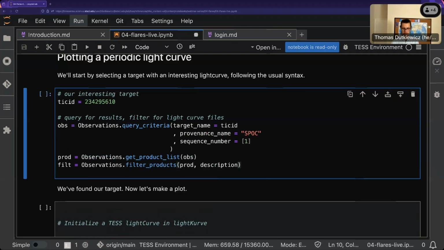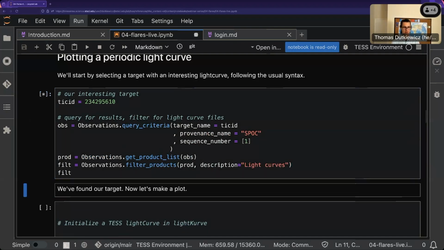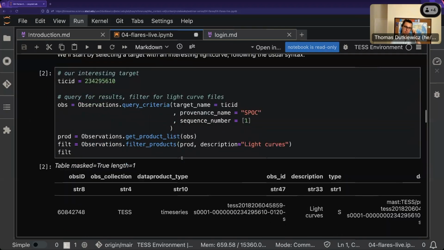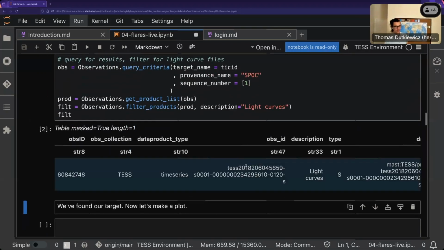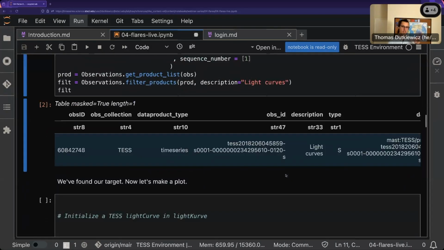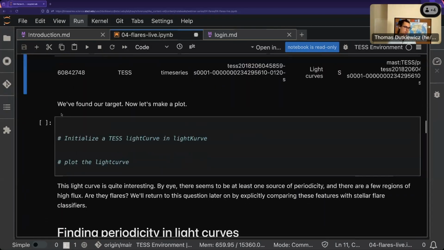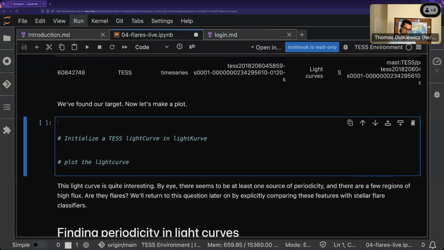Description is lightkurves. And just display the filtered results. Okay, just displaying to make sure this makes sense. I see a TESS lightkurve. I see sector 1. That's enough checking. We got one result. This is what we wanted to see. Now let's open it up.